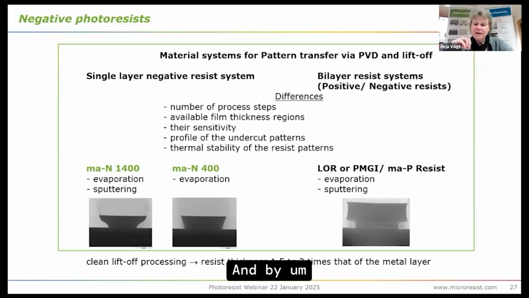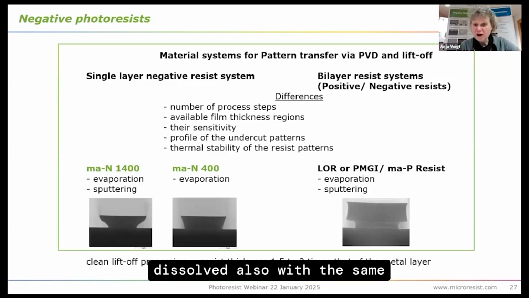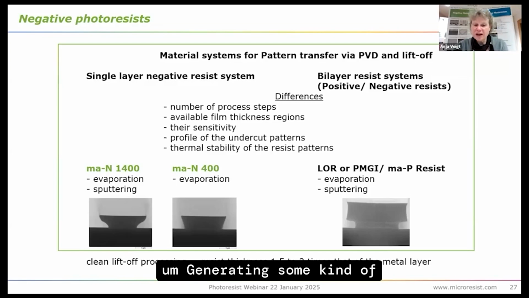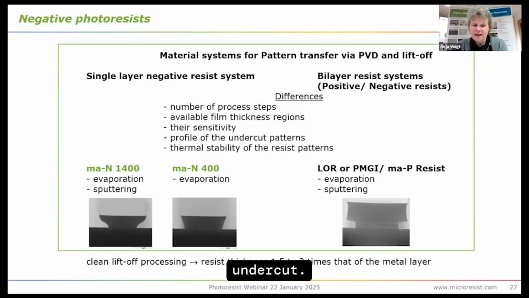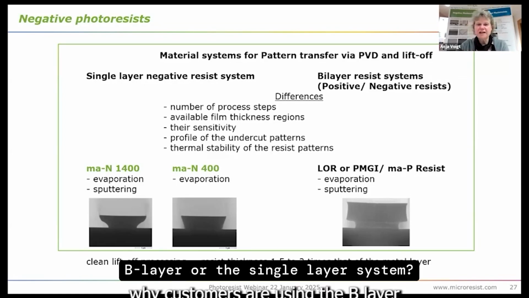And by developing the positive resist on top, the LOR layer underneath is dissolved also with the same developer, generating some kind of undercut. And why are customers using the bilayer or the single layer system?